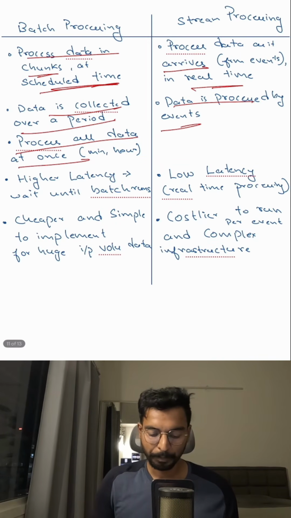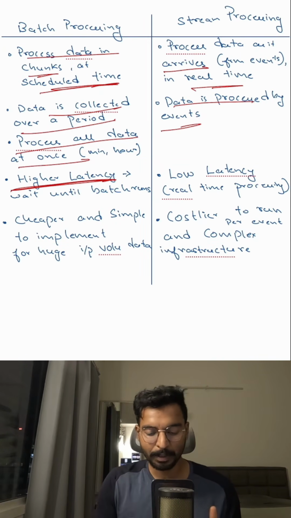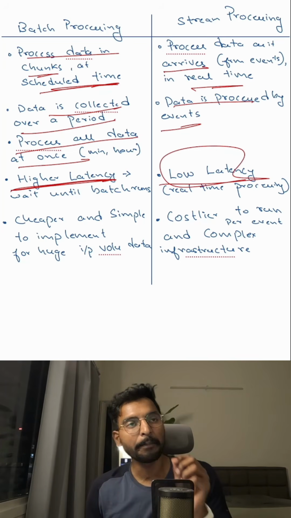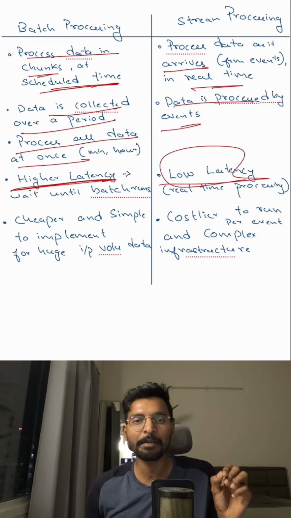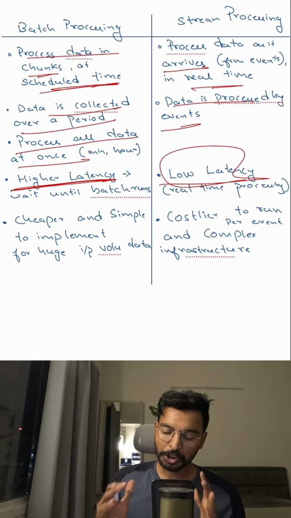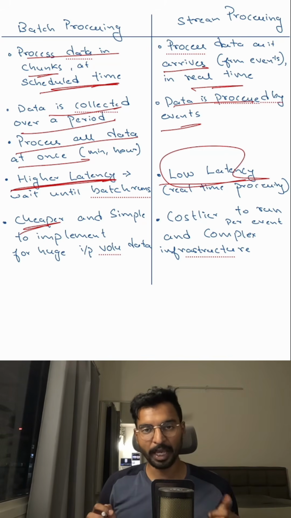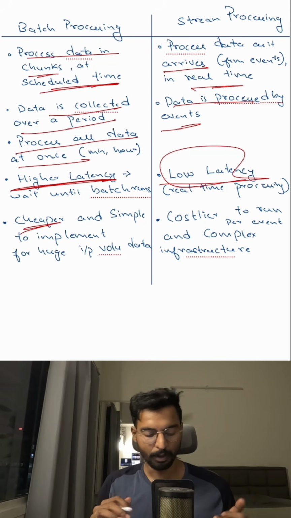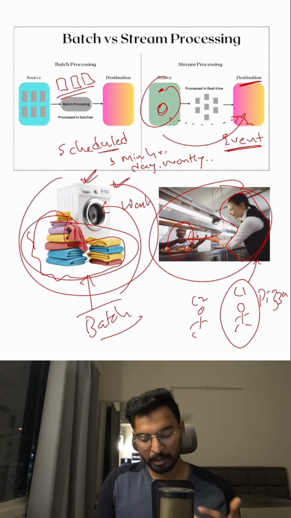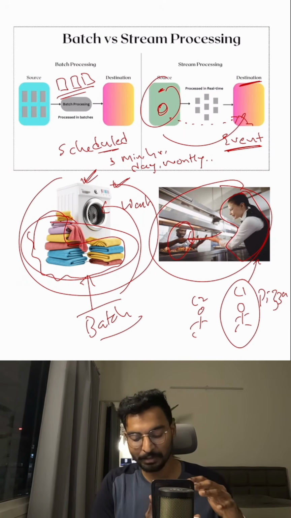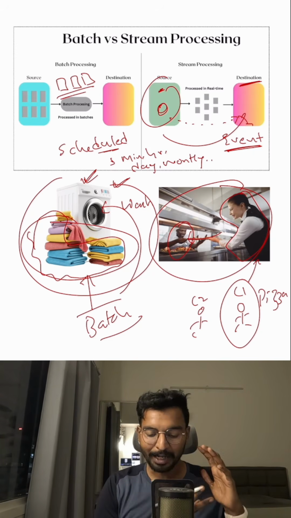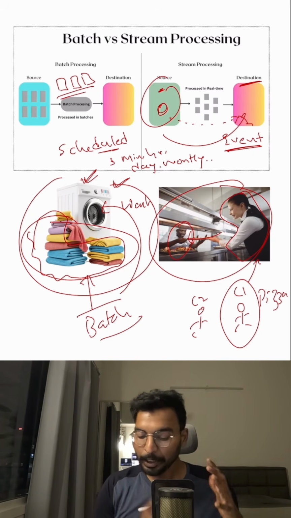Batch processing has high latency, whereas stream processing, obviously, has low latency because it is quite fast. It is very much real time. Batch processing is cheaper in terms of infrastructure cost, because you utilize the processing system only when there is a need, in a scheduled fashion.